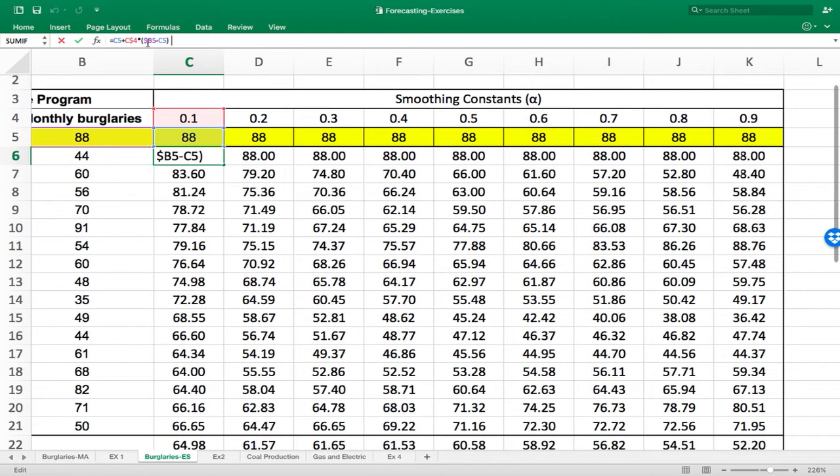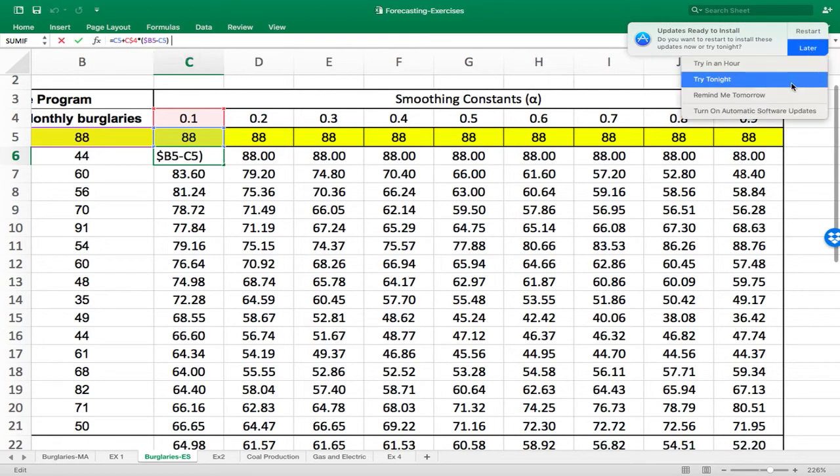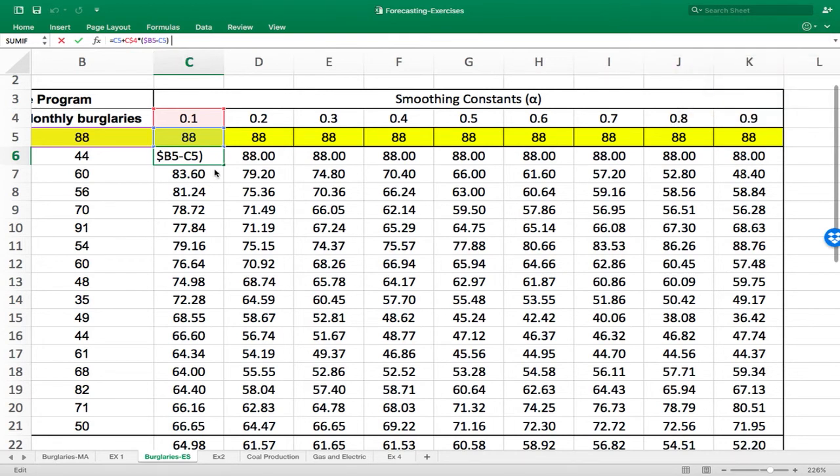So this function is basically the second function that I showed you on the presentation.